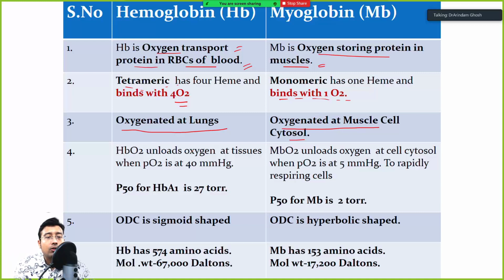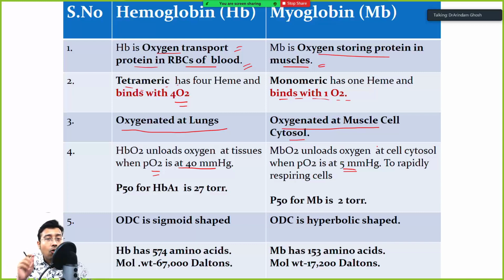Hemoglobin unloads oxygen at tissues when PO2 is 40, okay? So when the partial pressure of oxygen is 40 millimeter of mercury, hemoglobin will start giving out oxygen. However, in the case of myoglobin, we just learned that it needs a much more extreme condition to release, that is 5 millimeter of mercury.